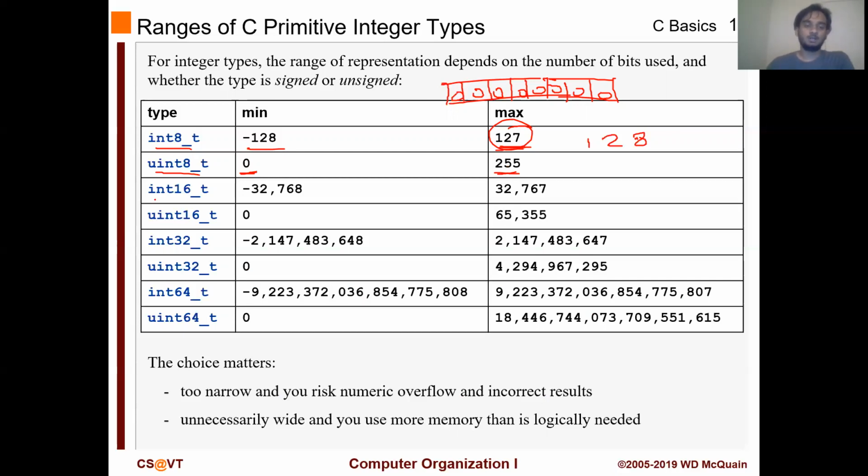There is int16, which means 16-bit. This is the lowest value of 16-bit, and this is the highest one. If we are using unsigned, it starts from 0, ends here. Same for 32-bit, again unsigned 32-bit. This is the 64-bit one.